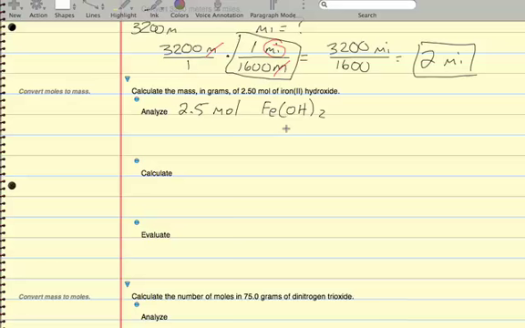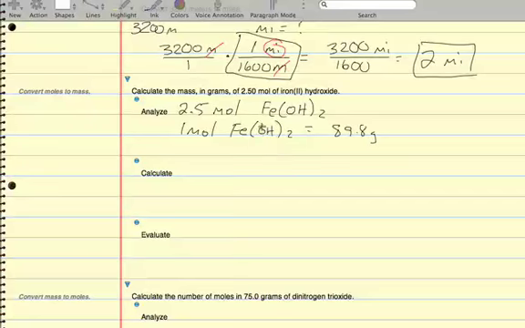Something else that we know is that 1 mole of iron hydroxide is equal to 89.8 grams. And again, this is a review of section 10.1. We would look up the molar mass of iron, and we have 2 oxygens and 2 hydrogens.